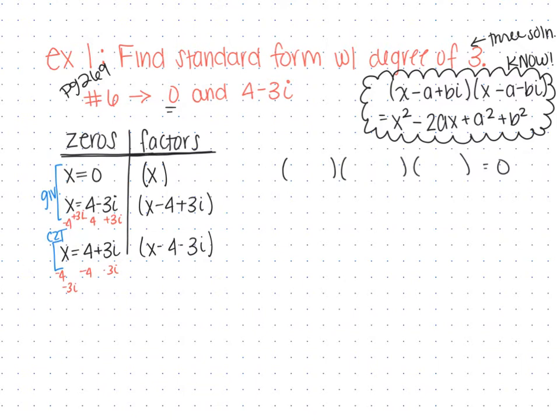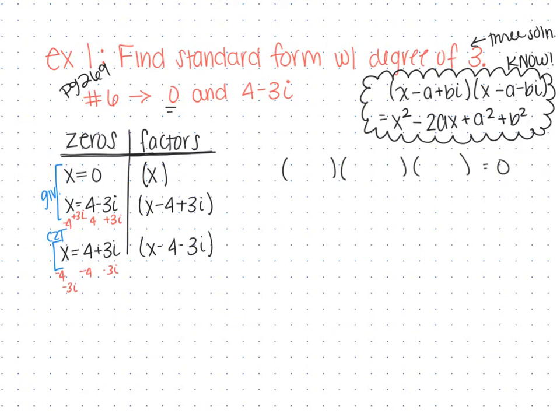Now that they are all equal to 0 versus before they were equal to 4 minus 3i and 4 plus 3i, I can stick them in my big, long, factored out form, and then I'm going to undo factoring, which is foiling. So it's going to be a lot of algebra.